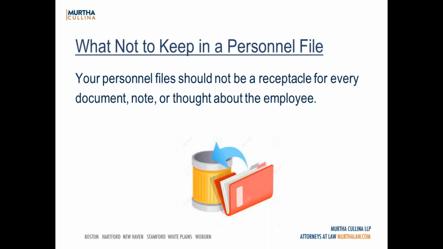The other thing I want to note, I don't have a slide about it, but in my years of practice, I've certainly come to appreciate that sometimes supervisors have what might be called a shadow file, a supervisor's file, and those files may contain documents that the Human Resource Department does not have, but which nevertheless qualify as personnel file documents.